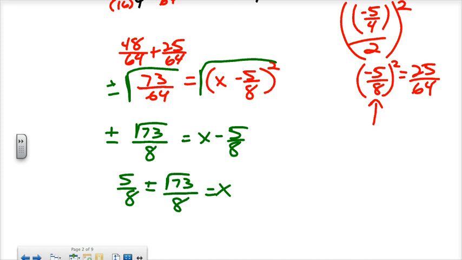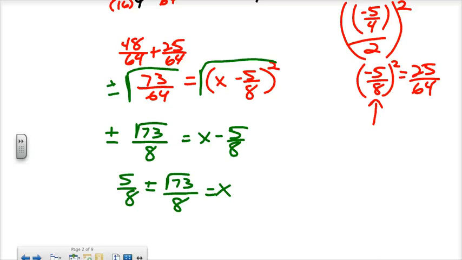Now, it said solve each equation and check each solution. If we're going to check this, we need to see what it is as a decimal. So we punch in 5/8 plus the square root of 73 over 8 and get an answer, and 5/8 minus the square root of 73 over 8.